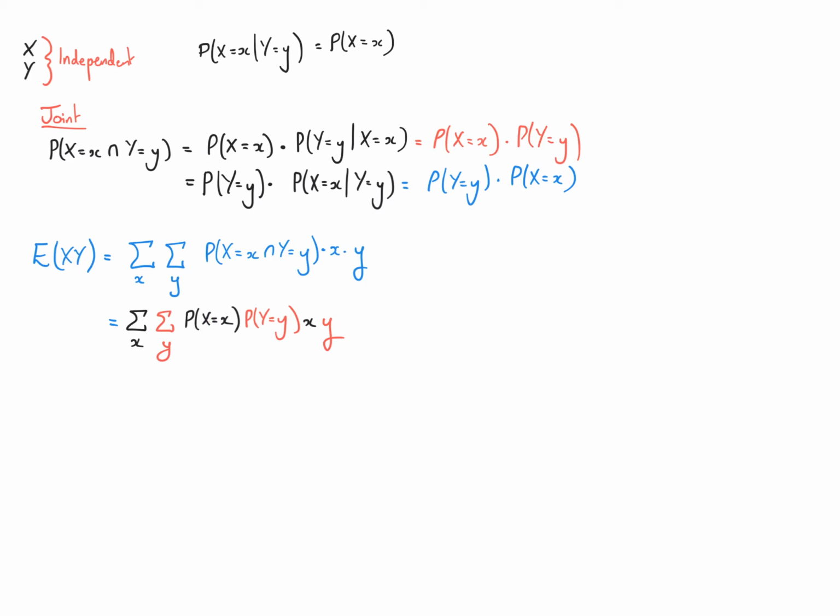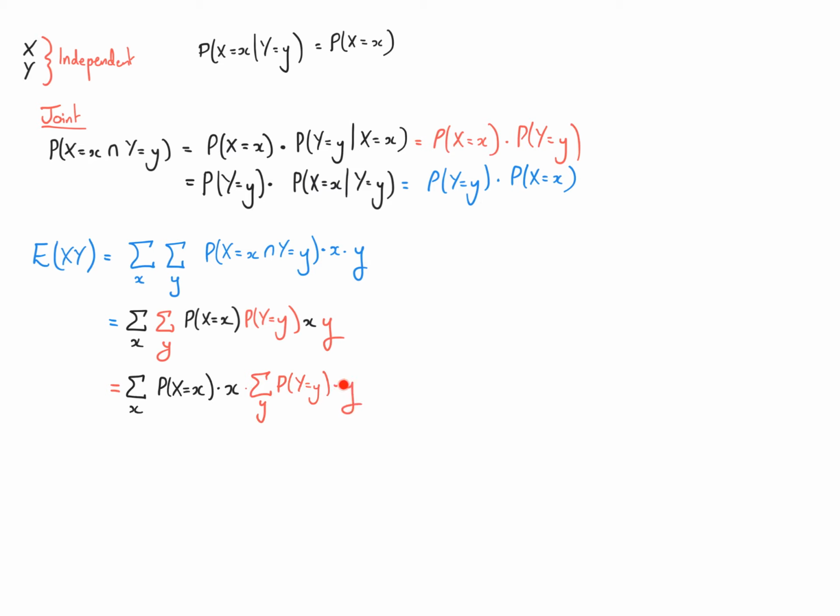So we can rewrite this as being equal to the sum over all values of x of the probability that x is equal to x times x times the sum over all values of y of the probability that y is equal to a particular value y times little y.